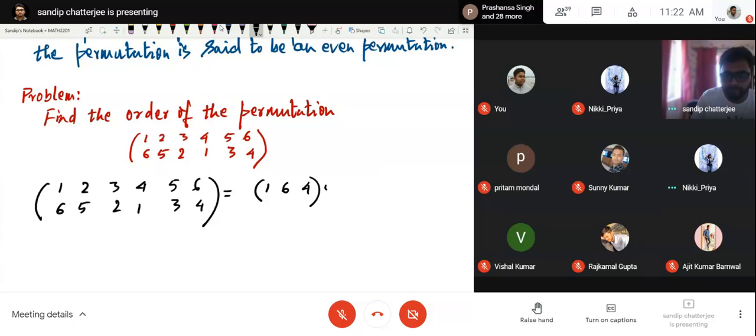So this is one cycle. Another cycle: which elements are left? Not 1, 6, 4, so I can start from 2. 2 is getting mapped to 5, 5 is getting mapped to 3, and 3 is getting mapped to 2. So that is another cycle. And every element, 1, 2, 3, 4, 5, 6, is covered.